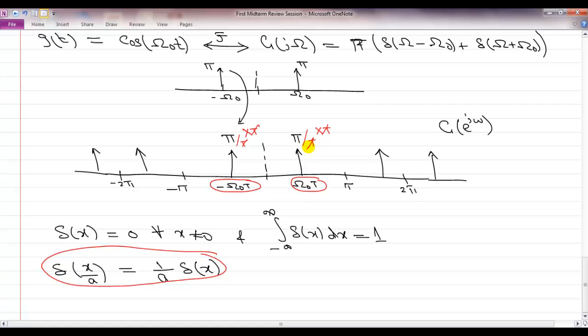So what we talked about earlier is still happening, but since you are now changing both the amplitude of your impulse and also scaling its axis, you have to account for both of them. And for that, you have to really pay attention to this property of Dirac delta. Which is not the case if you did not have a Dirac delta.